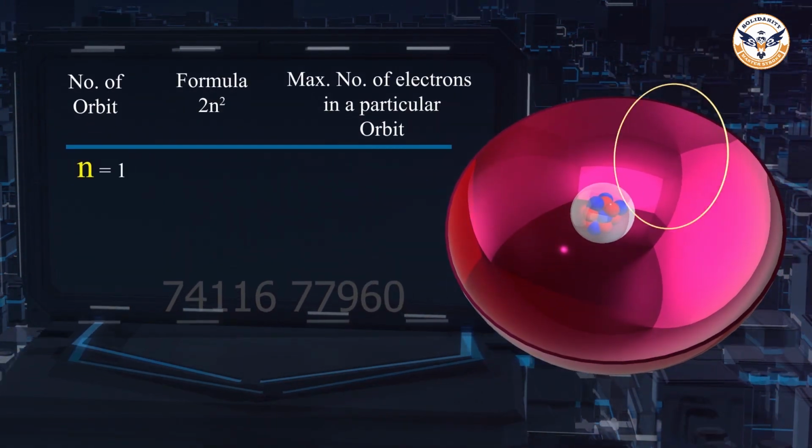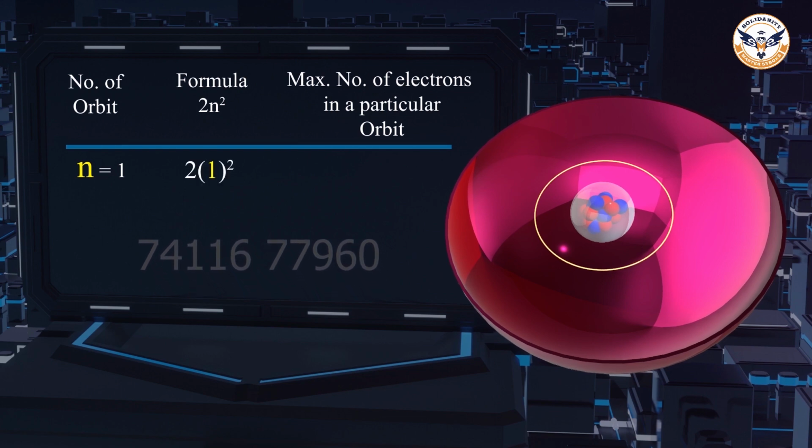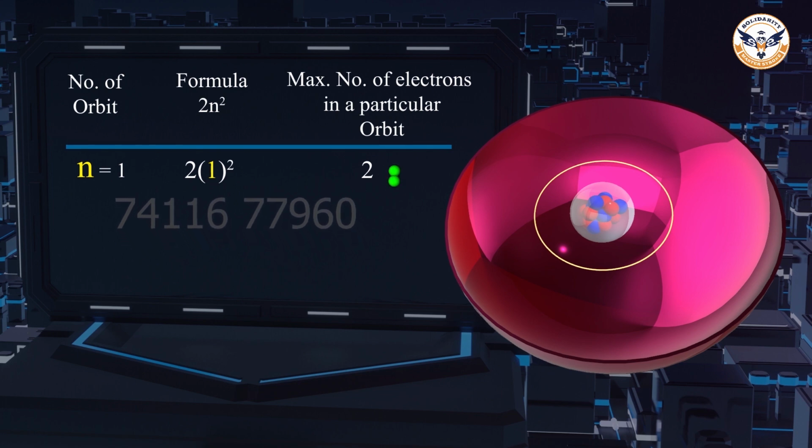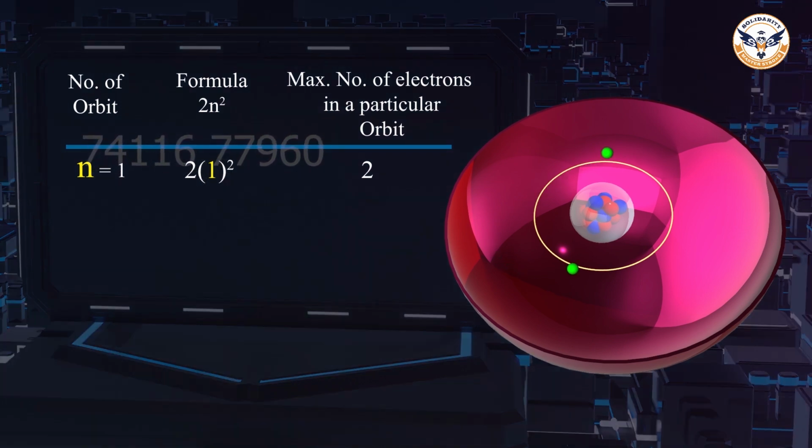For the first orbit, n is equal to 1, therefore 2n squared is equal to 2. Hence, the maximum number of electrons that can be accommodated in the first orbit or K shell is 2.